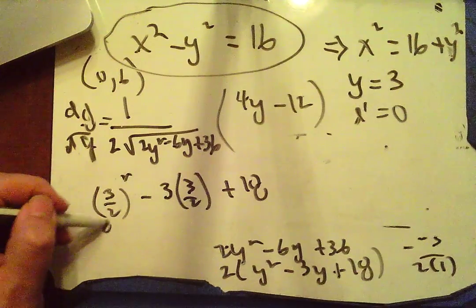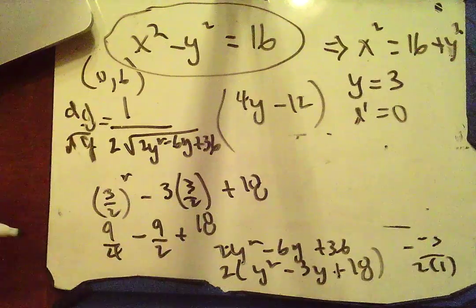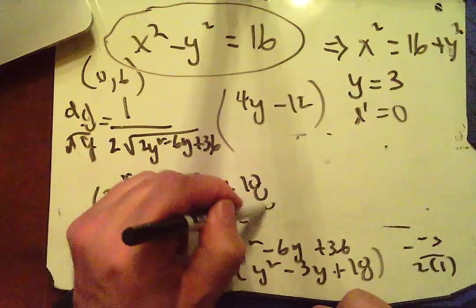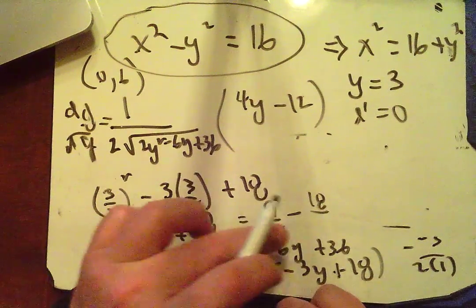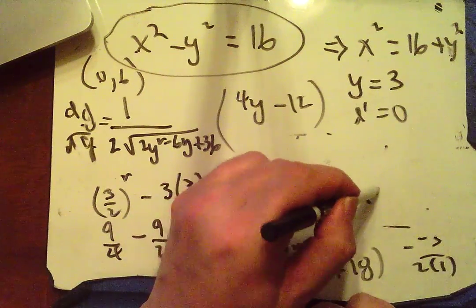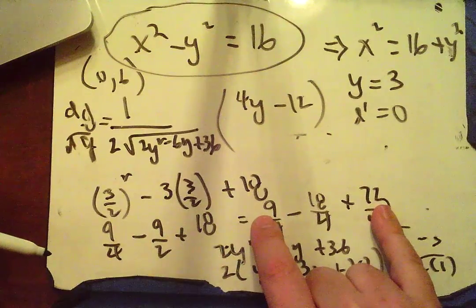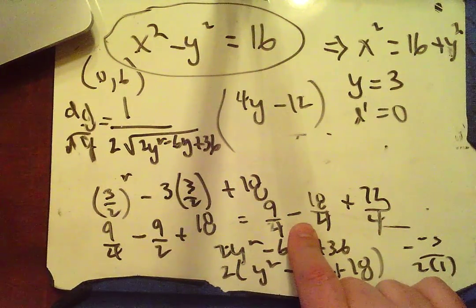But let's just confirm it. This is 9/4 minus 9/2 plus 18. So let's make a common denominator: 9/4 minus 18/4 plus 72/4. And look what happens. We've got 81/4 minus 18/4. That's definitely positive.